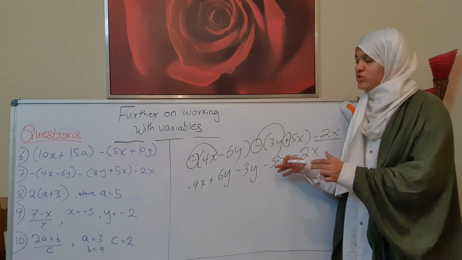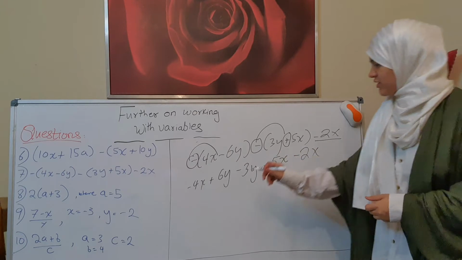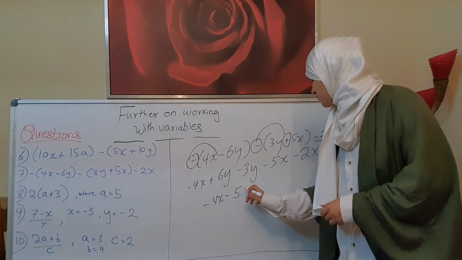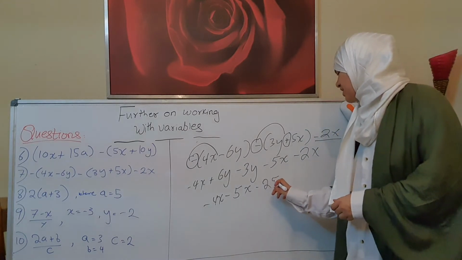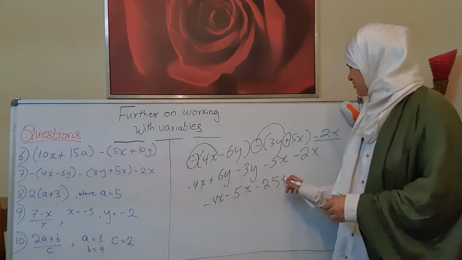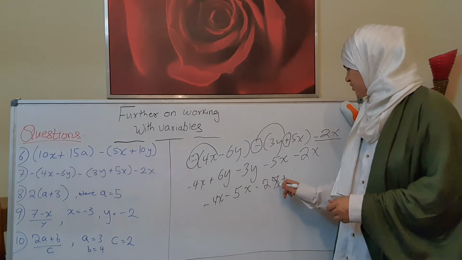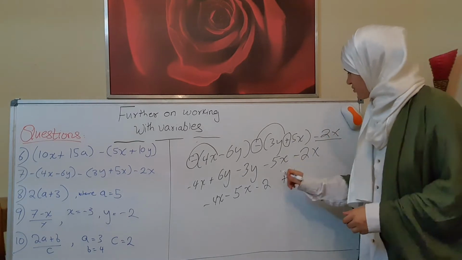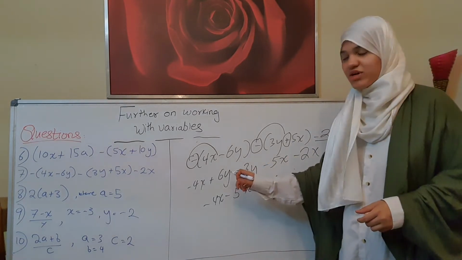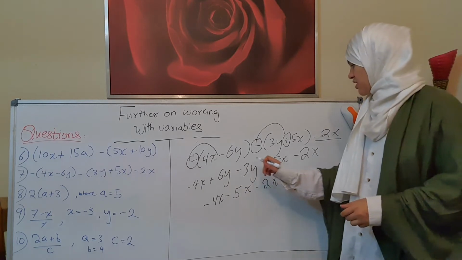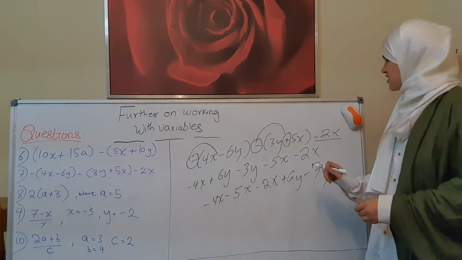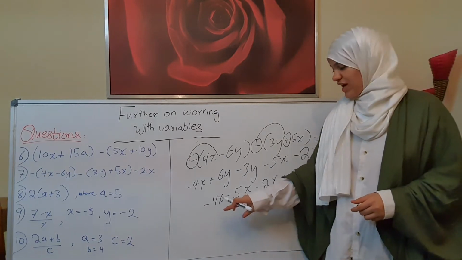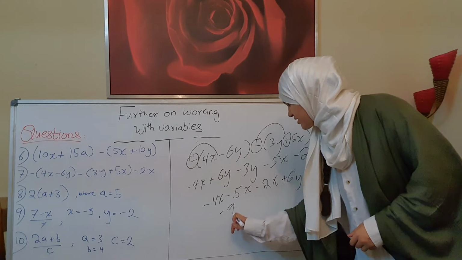Now what we will do, we will collect the like terms together, like negative 4x with negative 5x and negative 2x. Now what we have here, positive 6y and negative 3y. Okay, negative 4x and negative 5x, when you add together, it will be negative 9x.